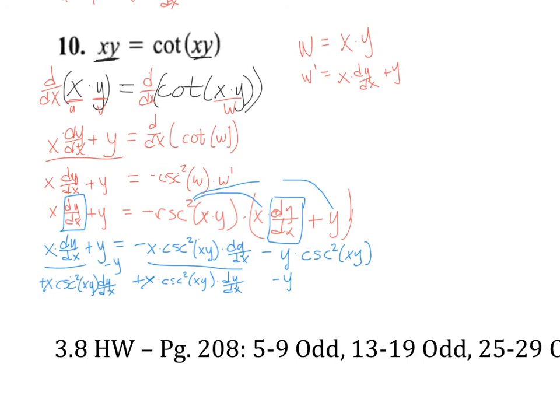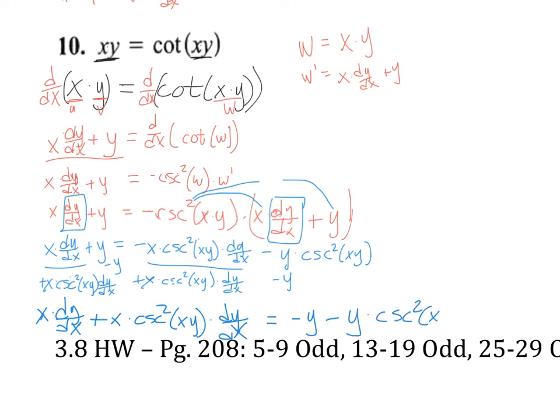All right, pardon my usage here. We've got x times dy/dx plus x times cosecant squared of xy times dy/dx, and this is equal to negative y minus y times cosecant squared of xy.